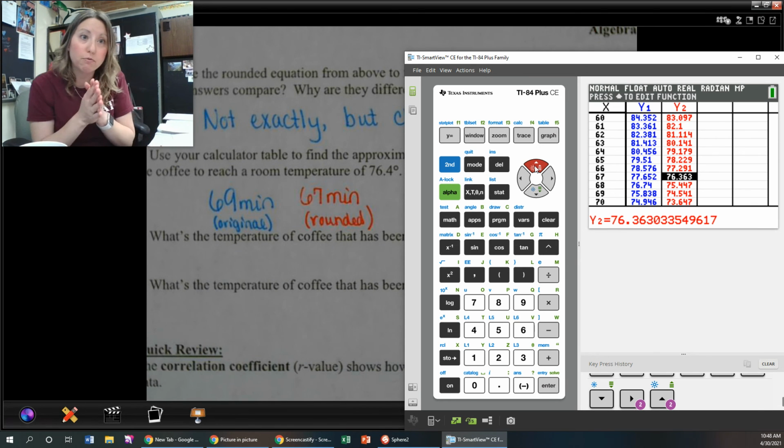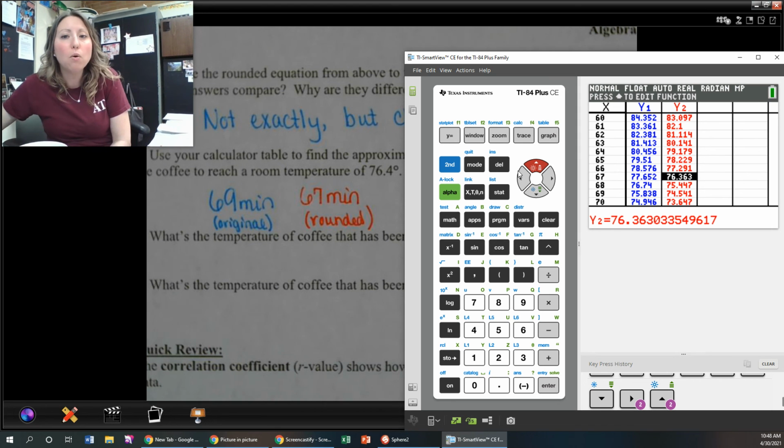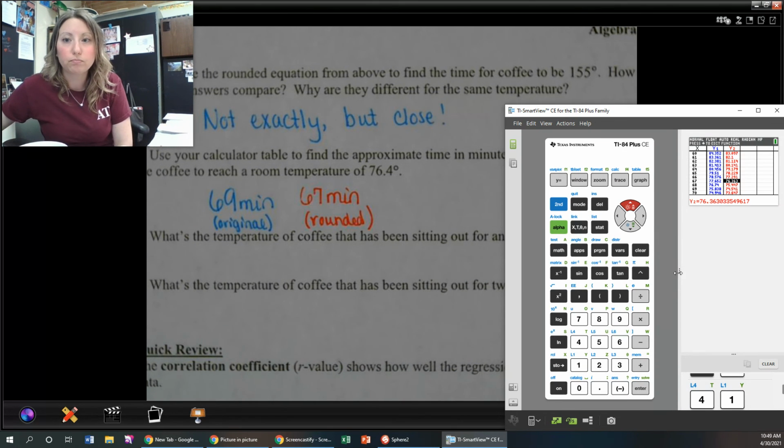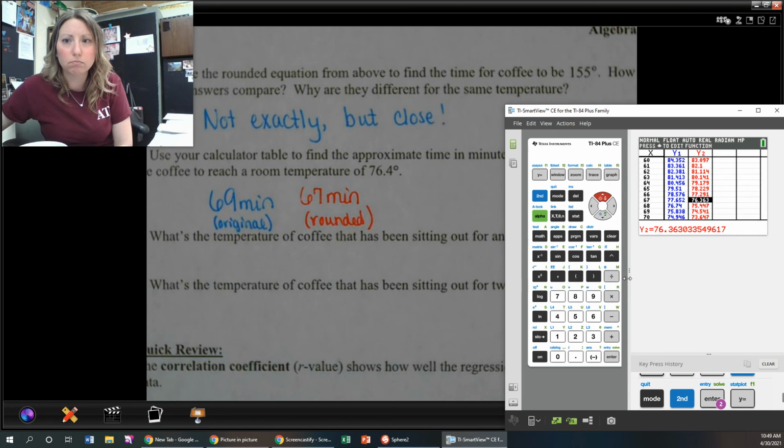Now, we did not have a specification in our question, so we got lucky. We could accept either answer, right? But we need to make sure we read carefully to make sure there's not a specification of whether we should use the original or the rounded version.